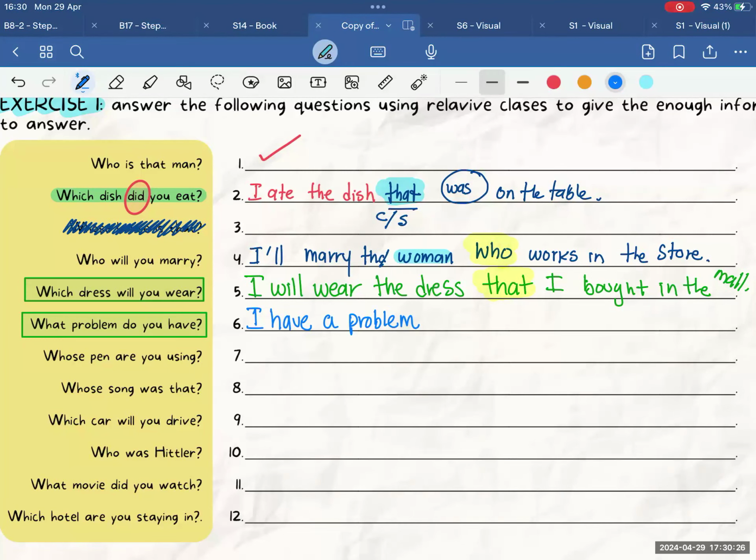You are connecting a problem. So a problem, it's a person or an object? An object. Like an object, right? So what is the connector? That. Yes.